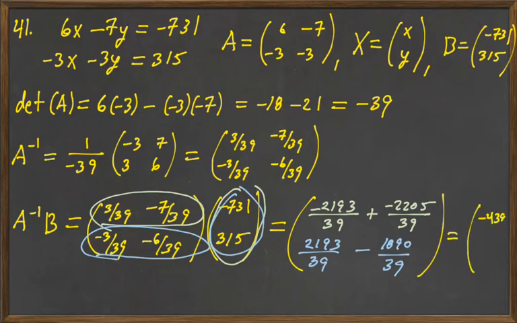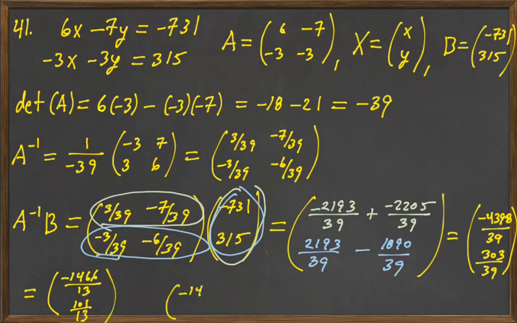And so we get negative 4,398 over 39 and 303 over 39. And I believe we can do a little bit of reducing. So we can reduce by 3, and we get negative 1,466 over 13, and 101 over 13.